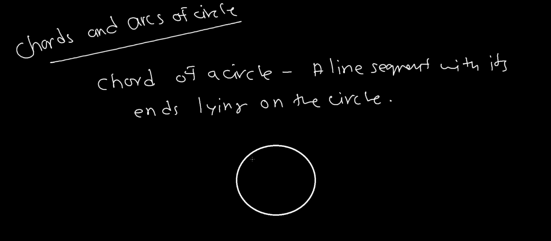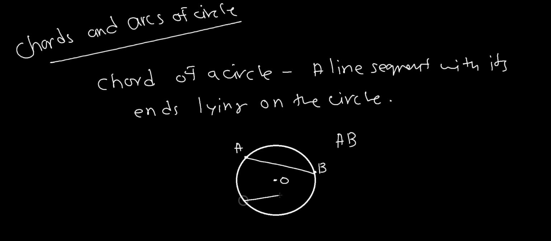so this is our circle, and if we draw a line segment having its ends as A, B, so this is a line segment and this is a chord. So this is a chord of a circle with center O, AB.